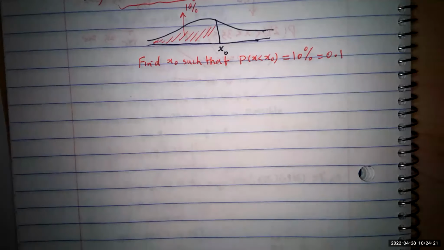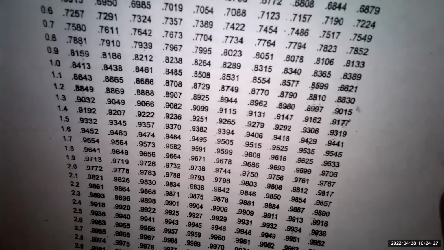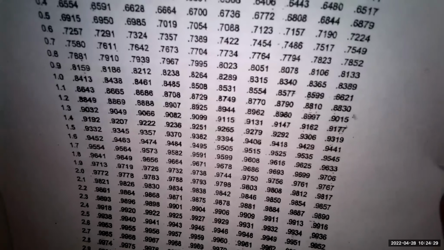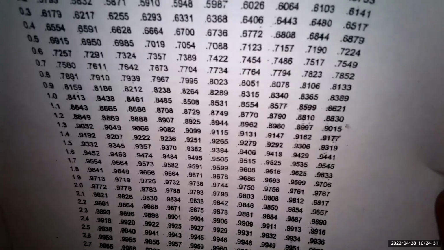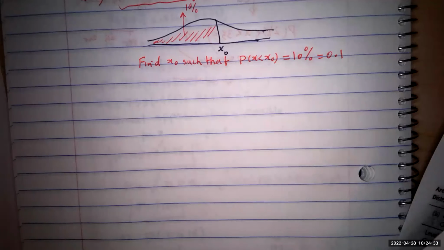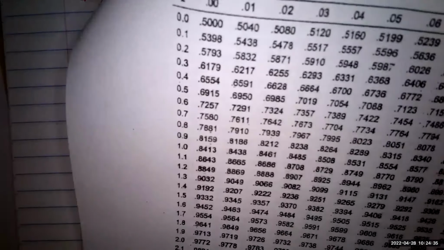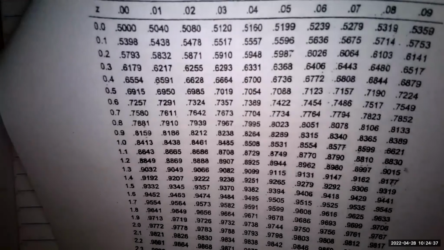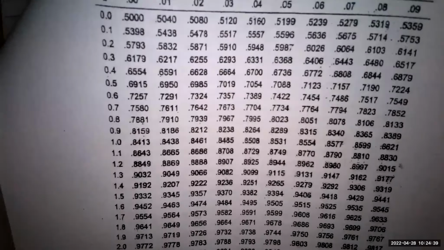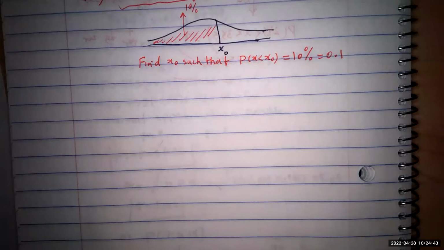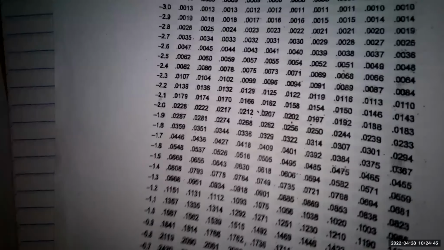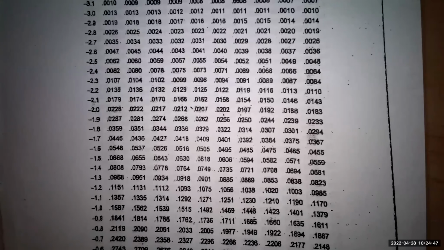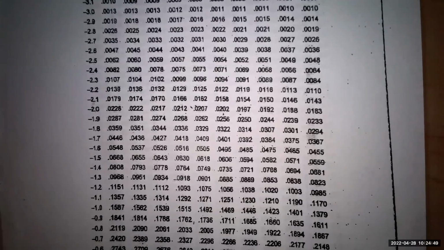Then you start working with your calculator, or you just go to the z table and check for the 0.1, which is going to be the 10% that we're interested in. Okay, you just check the table to start with the 0.1. You're not going to see it on the positive side, you go to the negative side. And where are you going to see it for the first time, 0.1?